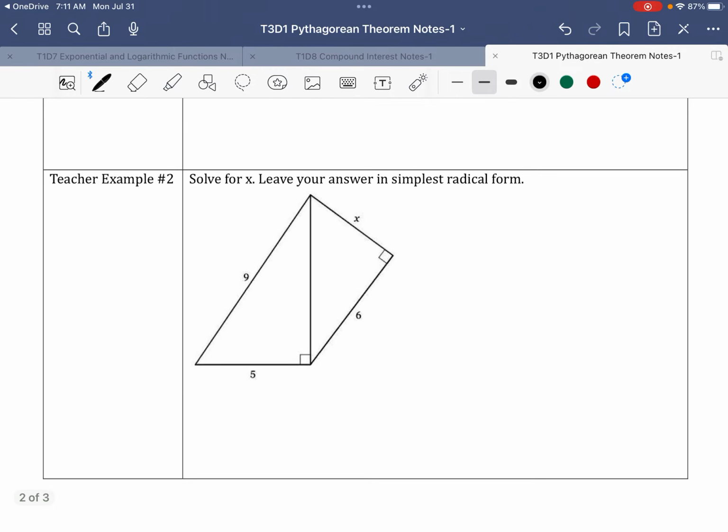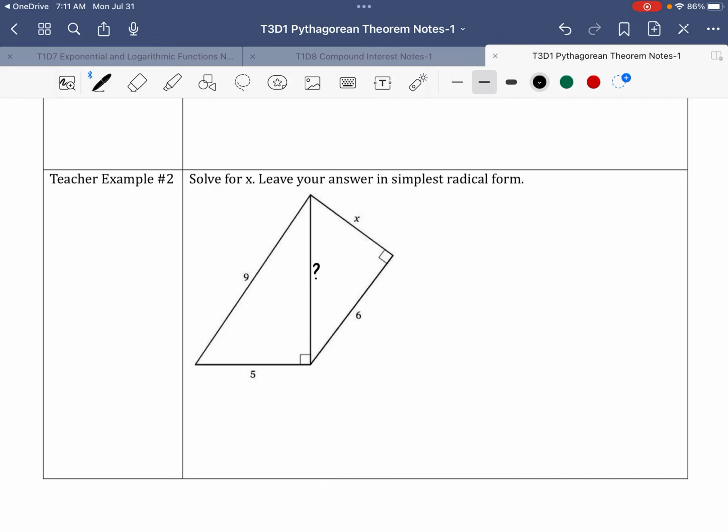Okay. So here's our second teacher example. Again, it says to solve for x. Leave your answer in simplest radical form. So if I want to solve for that side, then I need to figure out what that middle value is. And in order to figure out what that one is, I actually need to start with this leftmost right triangle.